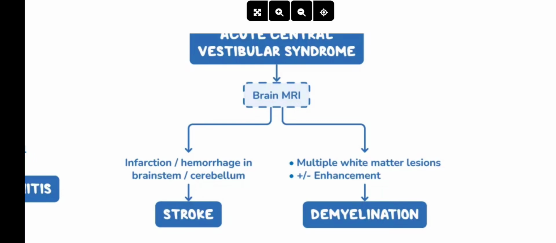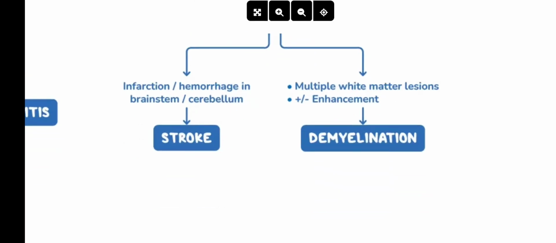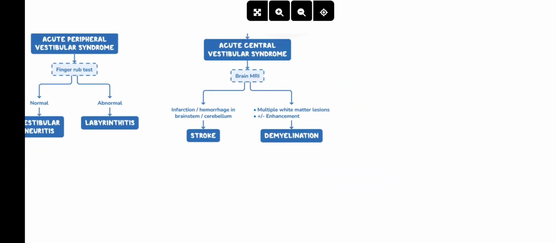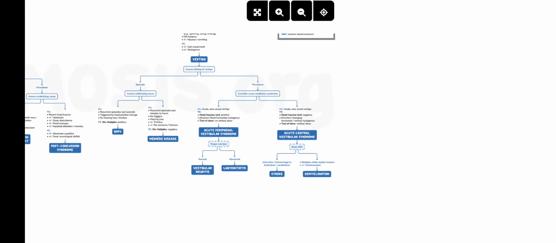Perform a brain MRI. If infarction or hemorrhage in the brainstem or cerebellum, it is stroke, or multiple white matter lesions, with or without enhancement, is demyelination.